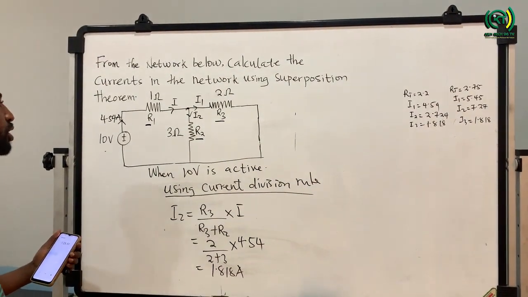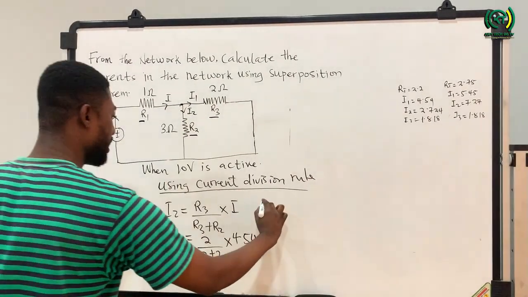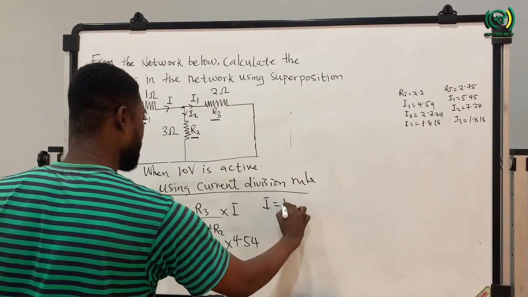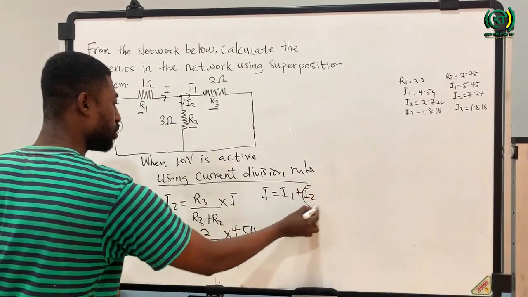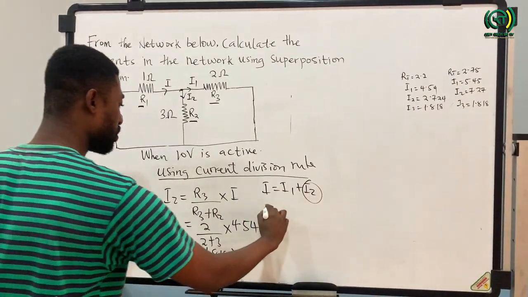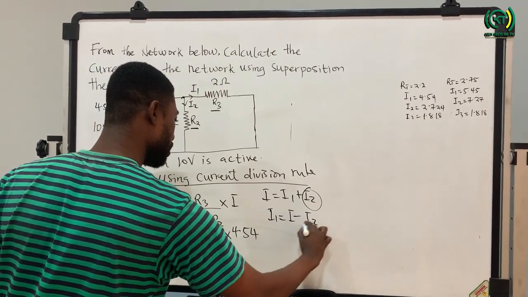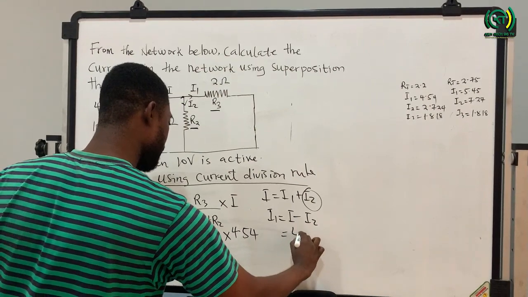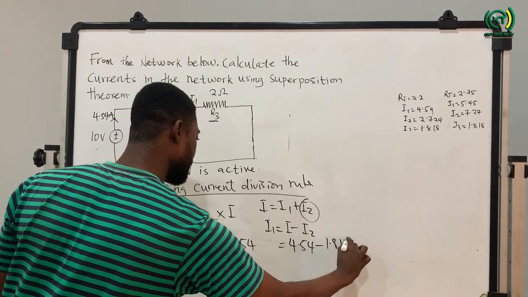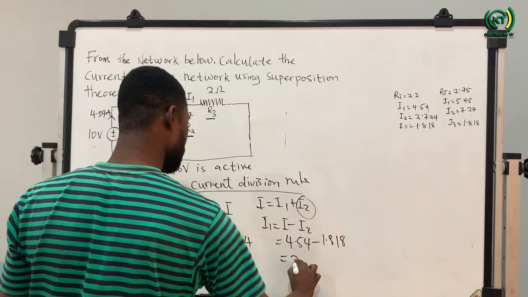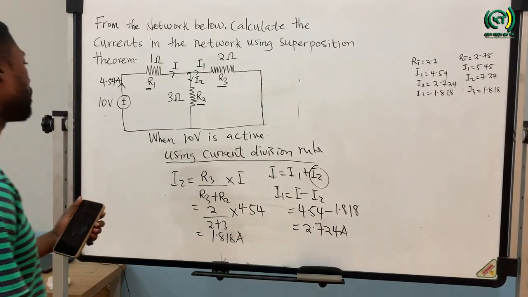Now to calculate the current flowing through resistor R3, from Kirchhoff's current law, we know that I is equal to I1 plus I2. So if I've been able to calculate my I2, it means I can calculate I1. I1 will be equal to I minus I2, so 4.54 minus 1.818, and this gives 2.724 amps.